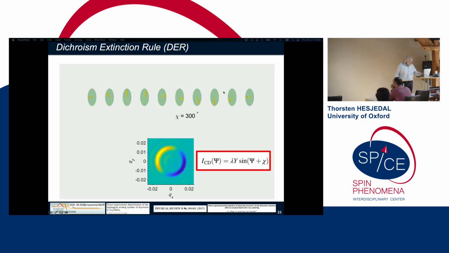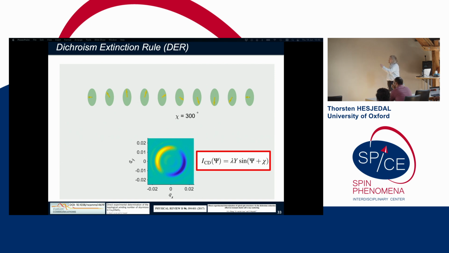And there's the helicity angle. So how can you determine it? If you do a scattering experiment of this spin spiral with a helicity angle of 300 degrees, what you will find, if you look at the disordered spin helix system, is that you have the intensity distributed around a ring. This is what you would expect for plane scattering, but now we have two colors. One represents a positive dichroic signal, and the other one a negative dichroic signal.